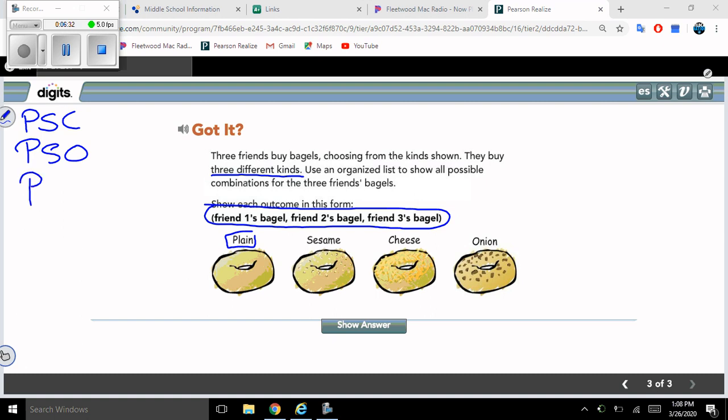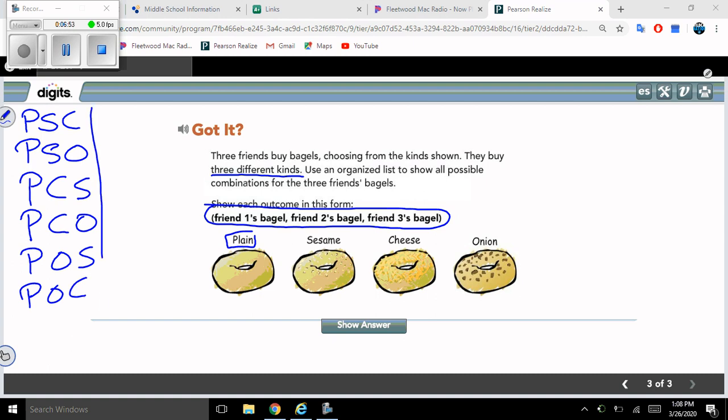Next up, I've got plain followed by cheese and sesame, or plain followed by cheese and onion. Last but not least, plain followed by onion and sesame, plain followed by onion and cheese. So in each situation, if you use your head a little bit, it looks as if you're going to get 6 possible situations. Switching colors here for you now.